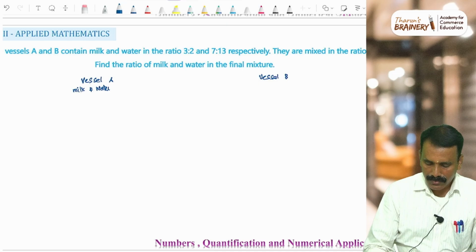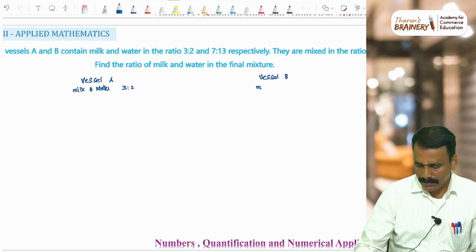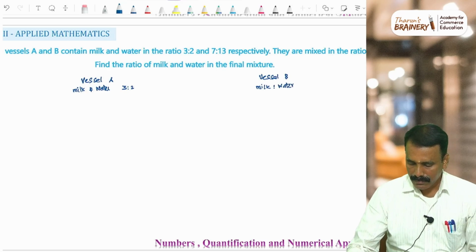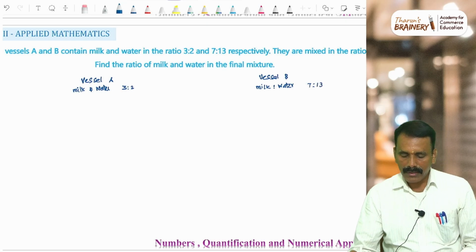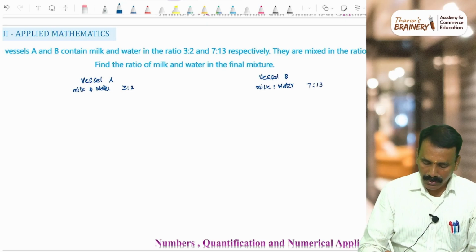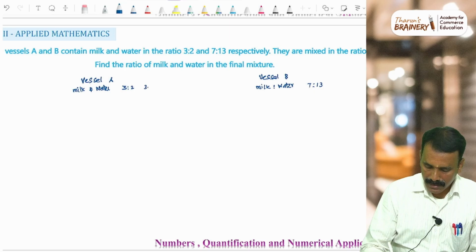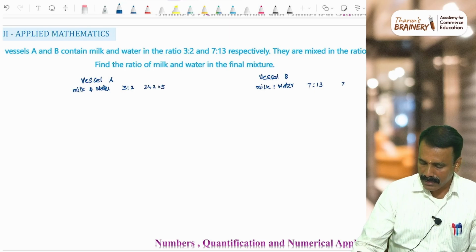In A it is in the ratio 3:2, milk and water. In B it is in the ratio 7:13. And we are going to concentrate only on the milk part. So the total ratio here is 3 plus 2 equal to 5. Here 7 plus 13 is equal to 20.